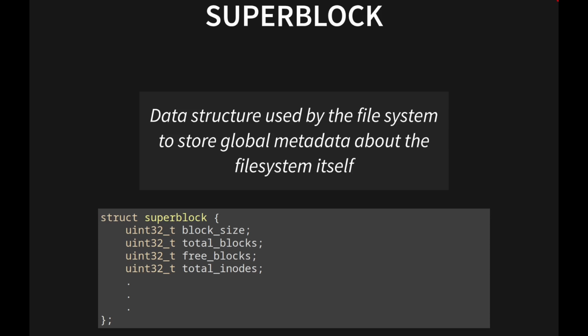So we know that in our file system a block size is, I don't know, n kilobytes or n bytes, for example. And the total number of blocks, the total number of free blocks, inodes, free inodes, and so on. We even have this magic number field in Superblocks, which specifies the type of the file system we're using.